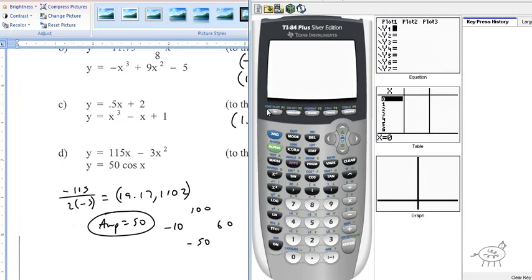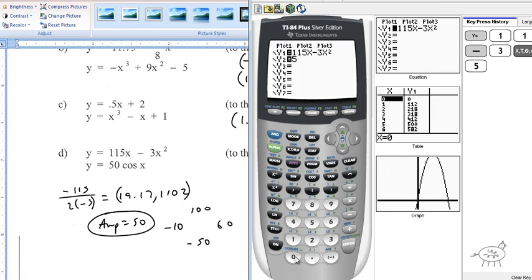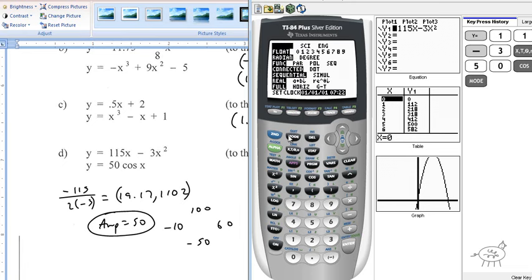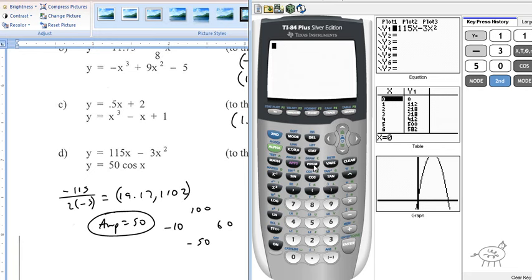So let's put the equation in. Y is equal to 115x minus 3x squared, and 50 cosine of x. All right, we are in radian mode, I believe. Let me check it. Yep, we're in radian mode. Okay, that's very nice.